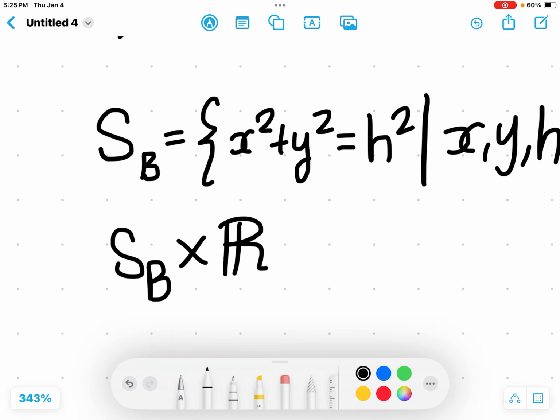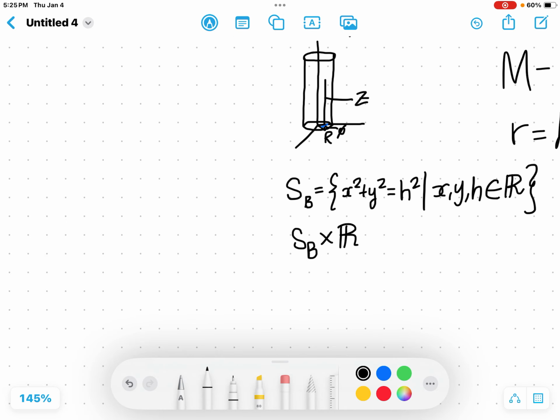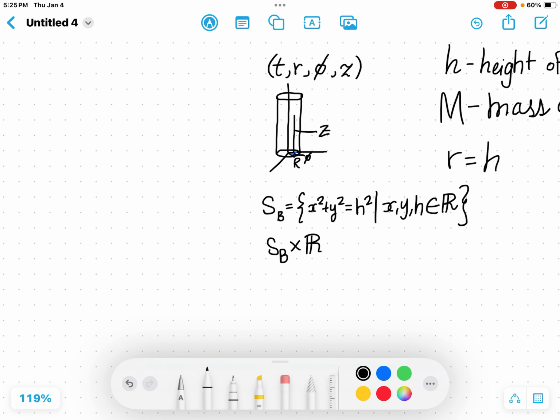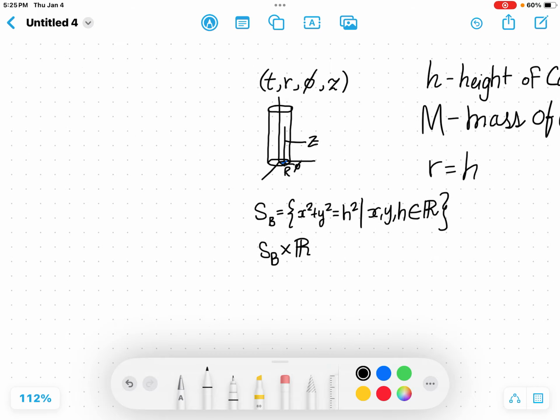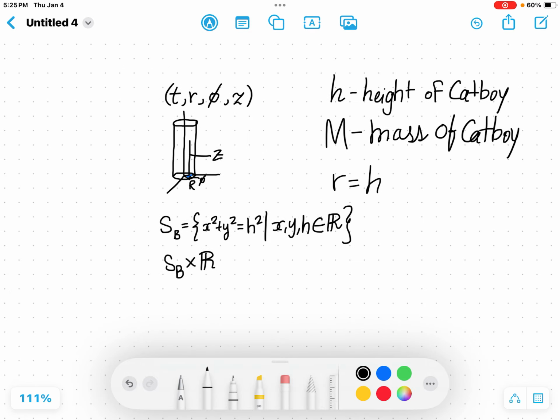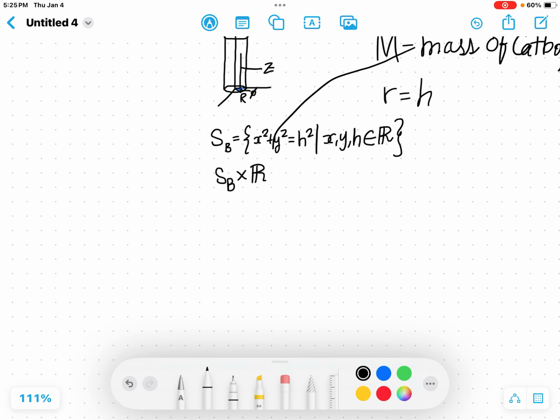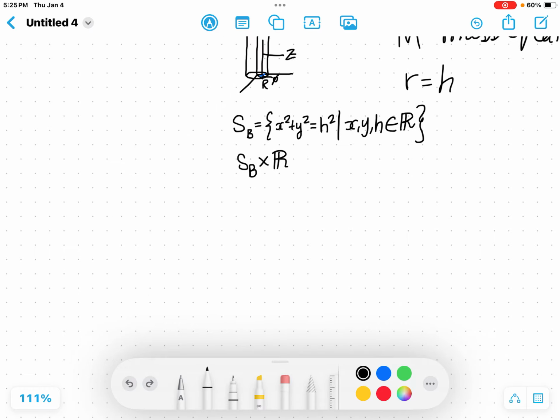This gives me the topology of the space-time I'm considering in this metric, which we call the Levi-Civita space-time, the Levi-Civita metric. So this is the topology of my space-time. But what is the metric itself? This is actually different.